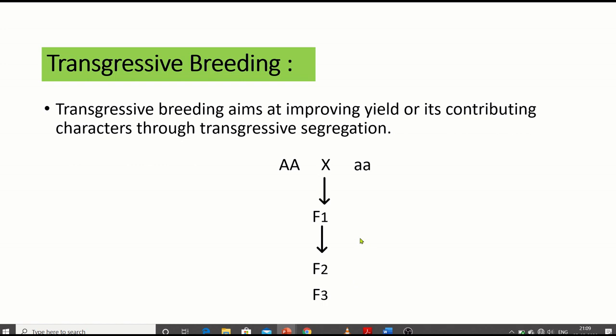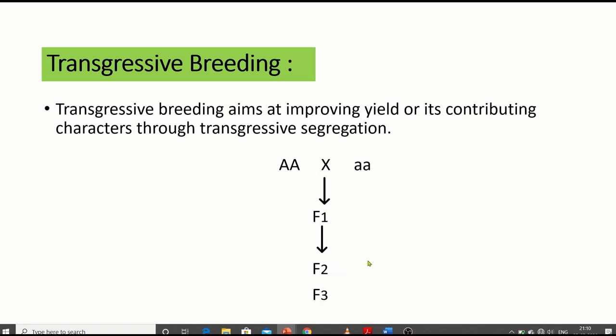Okay, so when we have an F1 superior to either of the parents or both the parents, it is called hybrid vigor or heterosis. But when in a heterogeneous F2 population, we have any superior progenies which surpass or outperform the parents, they will be called transgressive segregants.